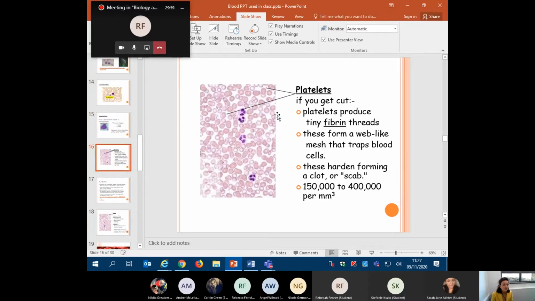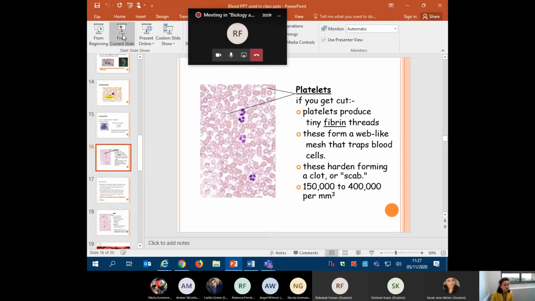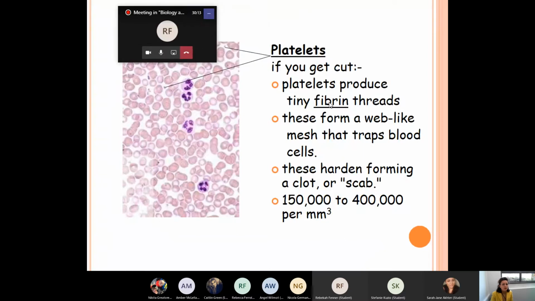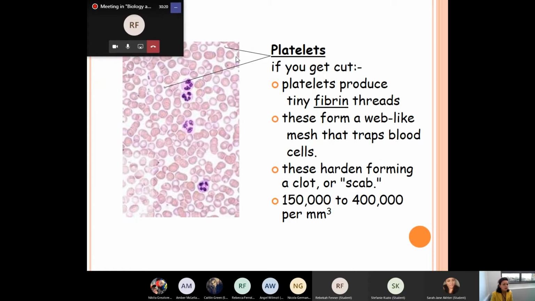The last little point I wanted to make is about platelets. We already talked about it briefly. Let me increase the size of this slide. Okay, there we go. In essence, when you get a cut, these platelets produce a particular type of protein called fibrin, and this fibrin looks a little bit like a web of fibers.